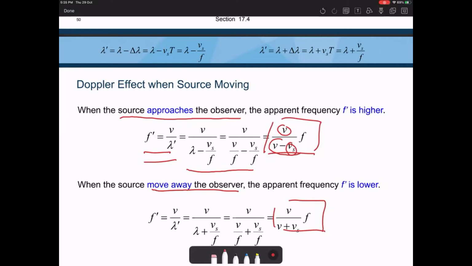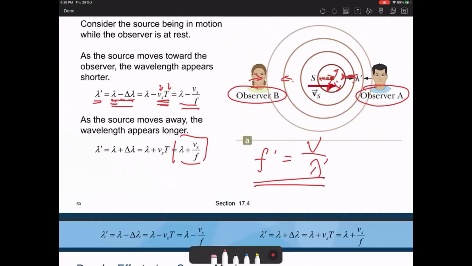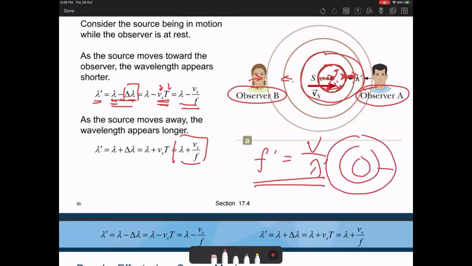One of the classmates is asking about how to know the magnitude of delta lambda. Well, the magnitude of the delta lambda is decided here. You have circles, which are the wavefronts. What is the distance between two circles? If it is a stationary source, the distance between two circles would just be the wavelength.